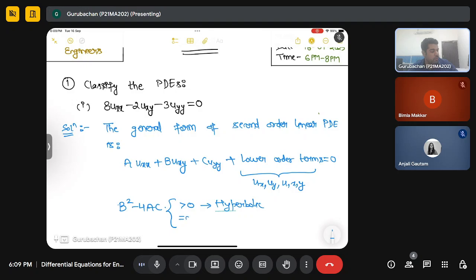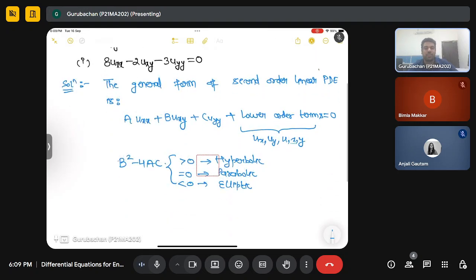If this is equal to 0, then it will be parabolic, and when it is less than 0, then it will be called elliptic. So here, what are A, B, C? We have to identify them first. A is 8, B is minus 2, and C is minus 3.